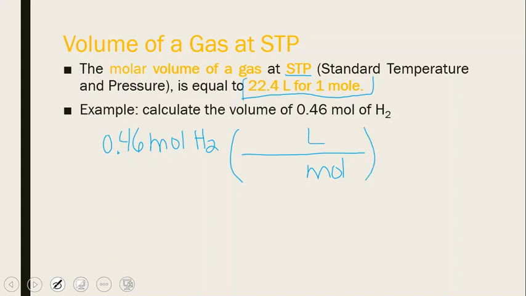And we're going to use this factor, 1 mole, 22.4 liters, and just have to multiply 0.46 times 22.4, and this is 10.3 liters. Cancel moles, and this is the result.